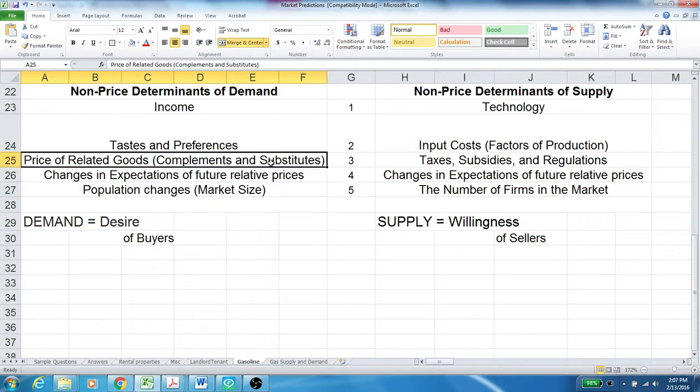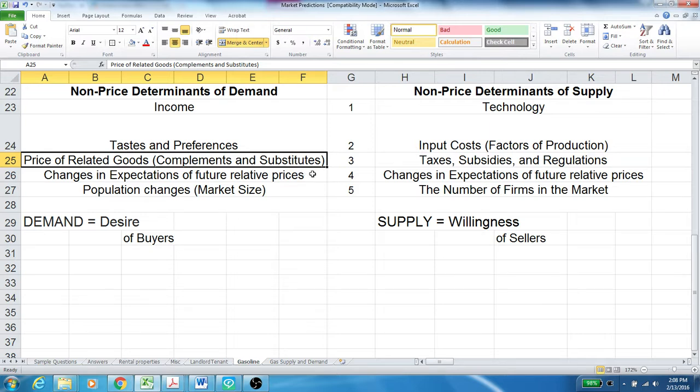Now, complements and substitutes have to do with the price of related goods. Interestingly enough, if a complementary good, let's say mustard, becomes less expensive, then something that goes with mustard, like hot dogs, has an increase in demand. Hot dog buns and hot dogs, things like that. Substitute goods, on the other hand, have the reverse effect.